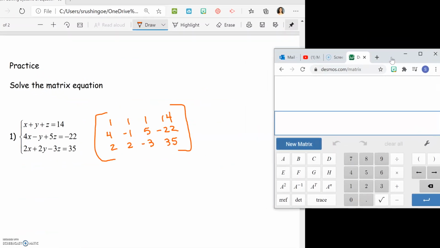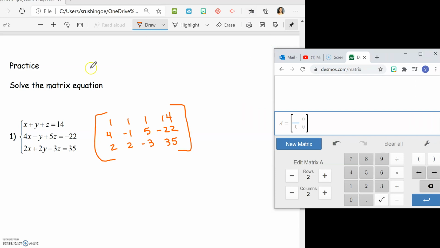So we're going to come over here and create a new matrix, and after we make it the right size, a 3 by 4, we're going to enter all of our numbers.